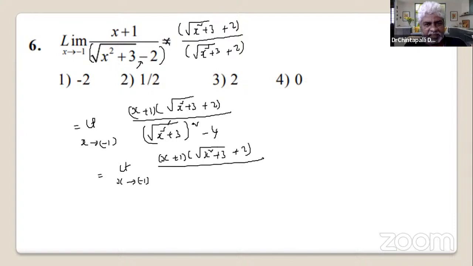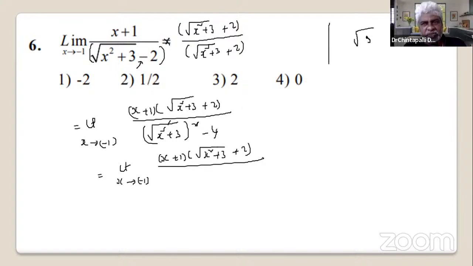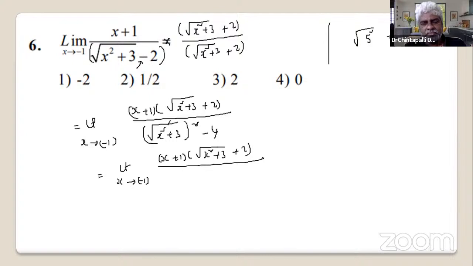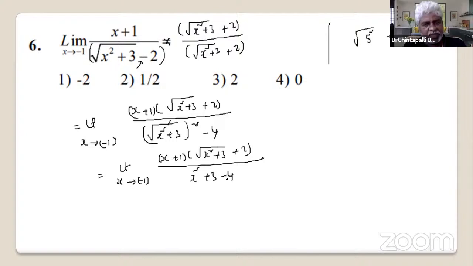Here the root and square cancel, right? Do you know what is the value of root 5 squared? 5, sir, because root 25 is equal to 5. Yes. That's why root of x squared plus 3 whole square is x squared plus 3 only. So x squared plus 3 minus 4.